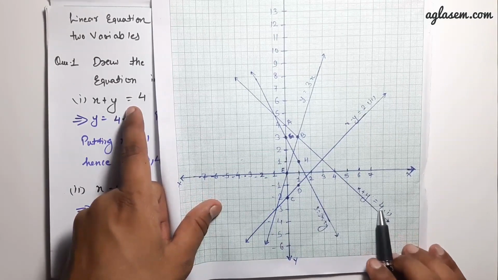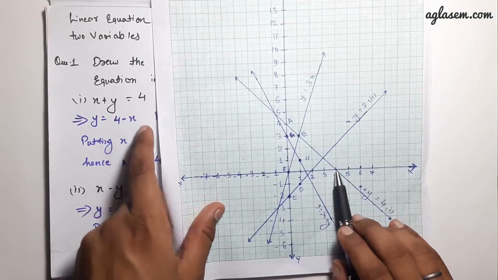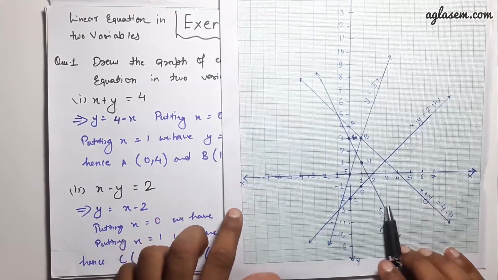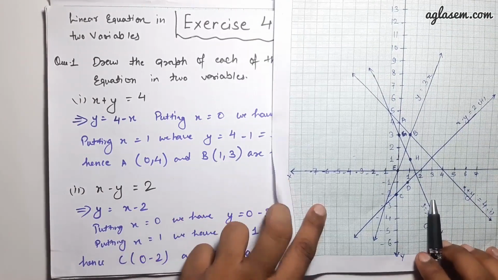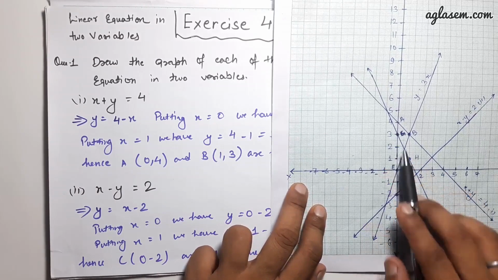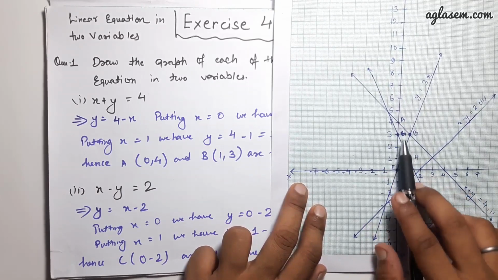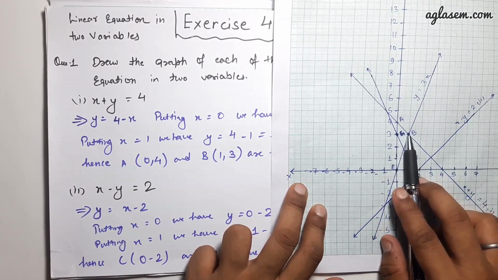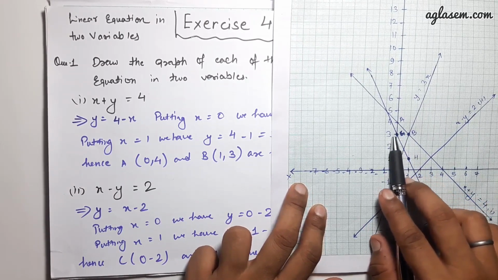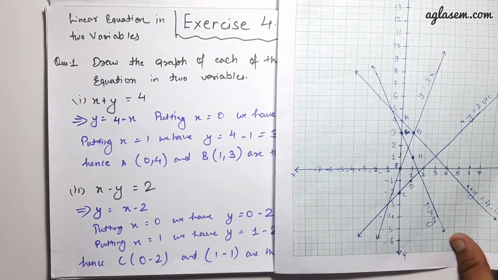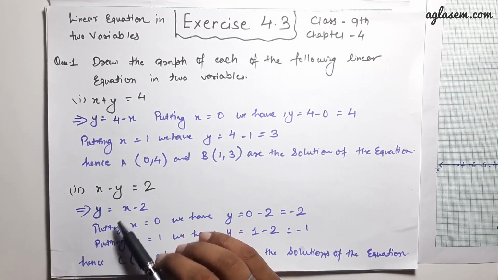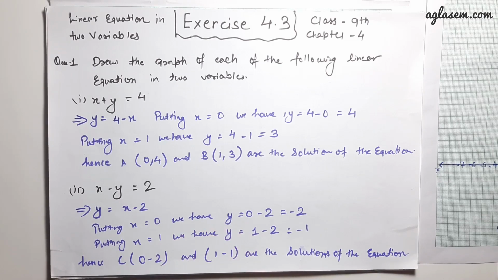So x plus y equals 4, that is, look, here it is (0, 4) and (1, 3). Okay, so now let's come to the next one, that is x minus y is equal to 2.